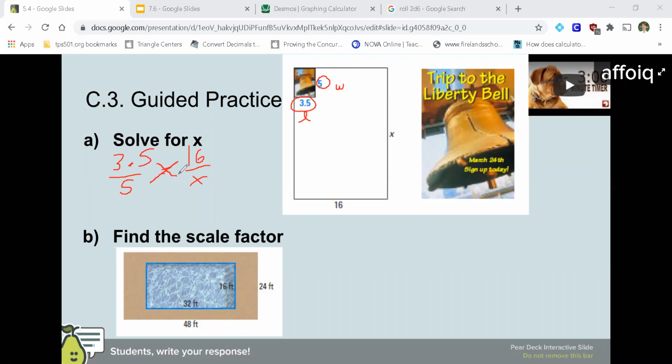Cross multiply. 3.5x is equal to, what's 16 times 5? Is that 80? Divide by 3.5, which means x is 22.9.